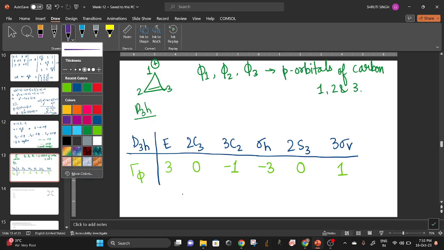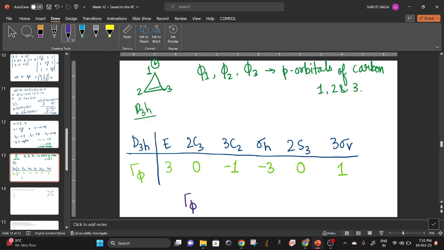When we break this reducible representation into a linear combination of irreducible representations using the great orthogonality theorem formula, it comes as A2 double dash plus E double dash. So this is one dimension, this is two dimensions, total three dimensions we get.